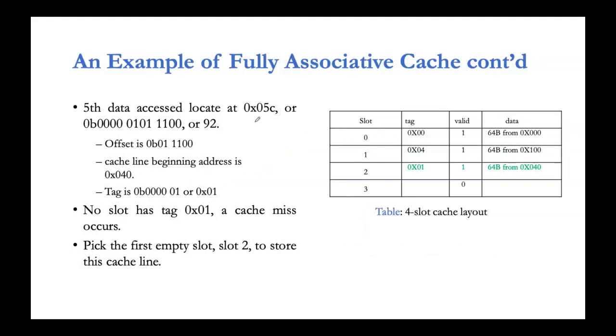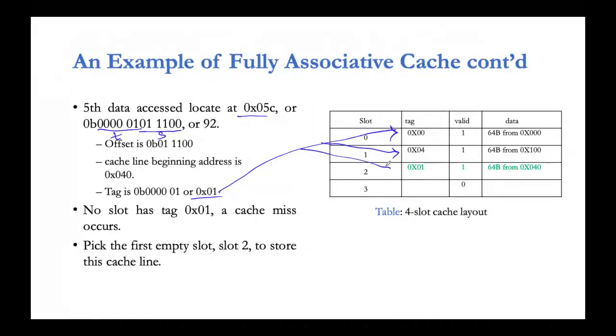Then in the fifth data access, it is 05C. The binary value of 05C is this. The last 6 bits are the S bits and the first 6 bits are the tag bits. From the tag bits, the tag value in hexadecimal is 01. This 01 is compared with the first tag, not matching, then with the next tag, not matching.